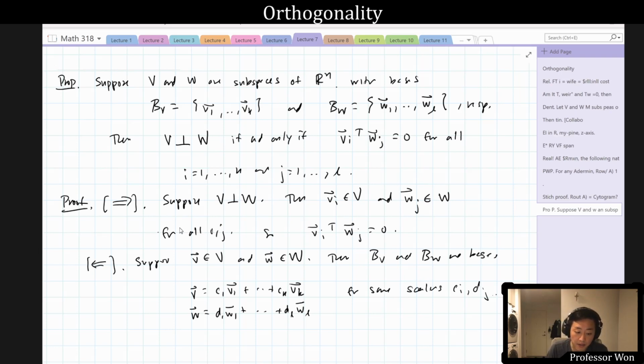Now you just take their dot product. Then v transpose w is equal to this whole sum dotted with this whole sum. But now this is a matrix multiplication, right? It distributes over addition twice. So really, you take every term here and every term here, and you take the multiplication. These should really be transposes here.